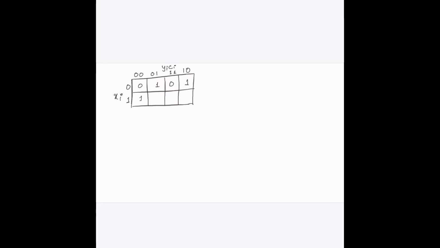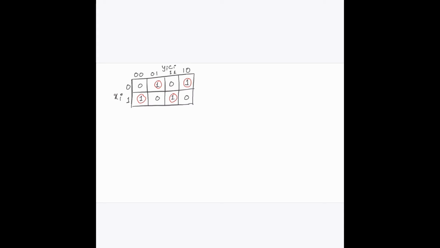This way we can fill all the values. Here we cannot group any elements because they are randomly placed, so each cell is grouped separately.